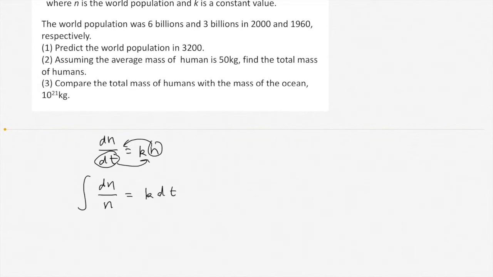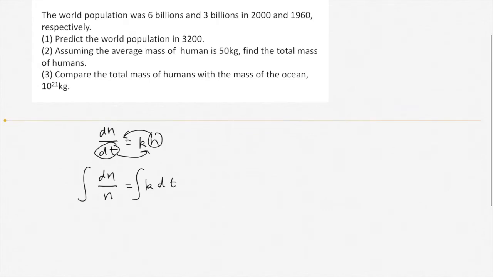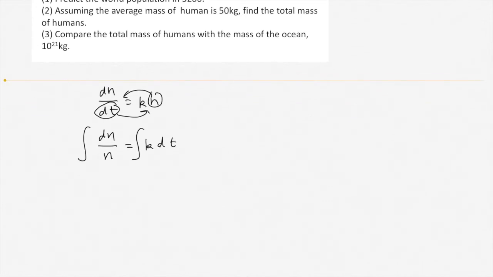Then you can perform the integrals. If you find a function whose derivative is 1 over n, what is the answer? It is a log function, log n. And the right-hand side is kt plus an integration constant.